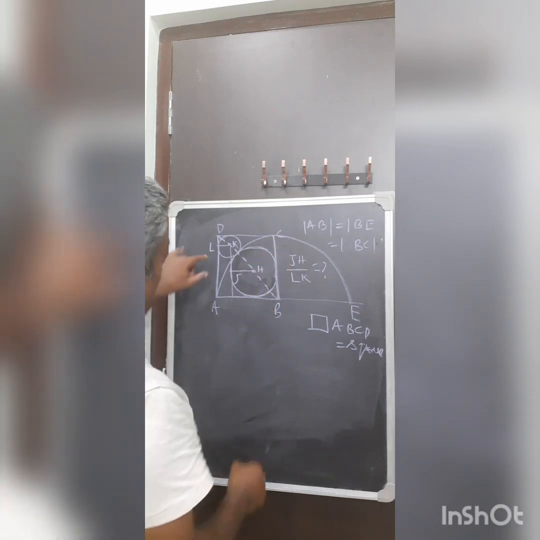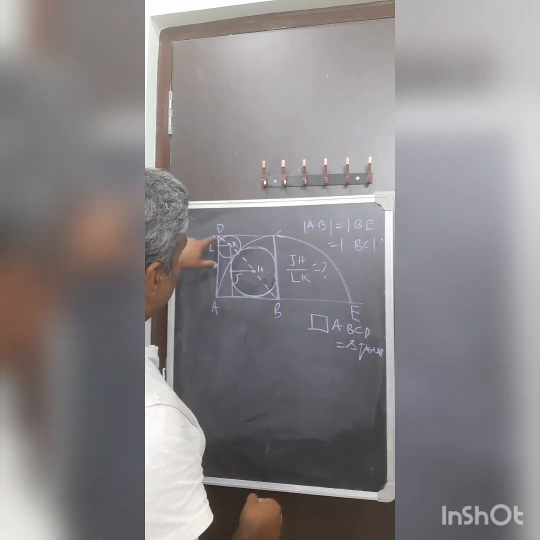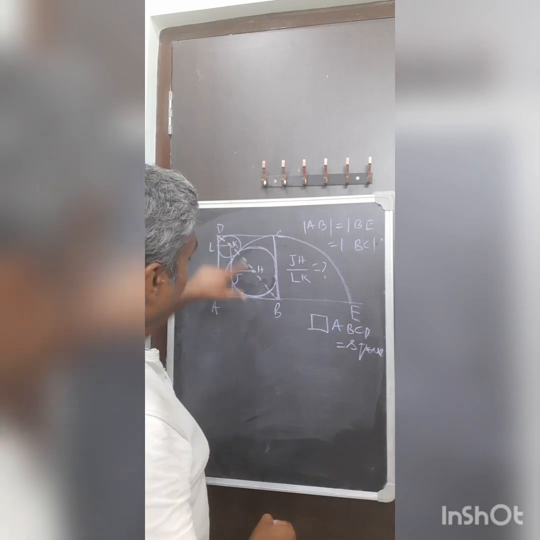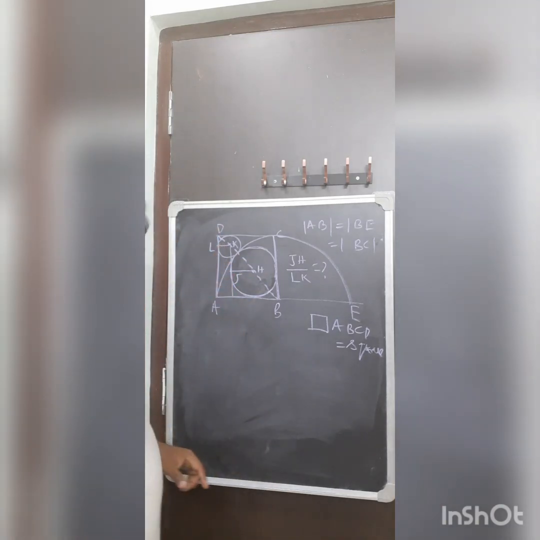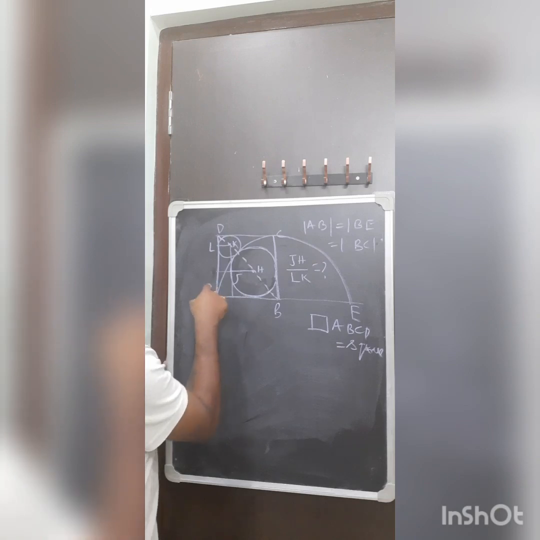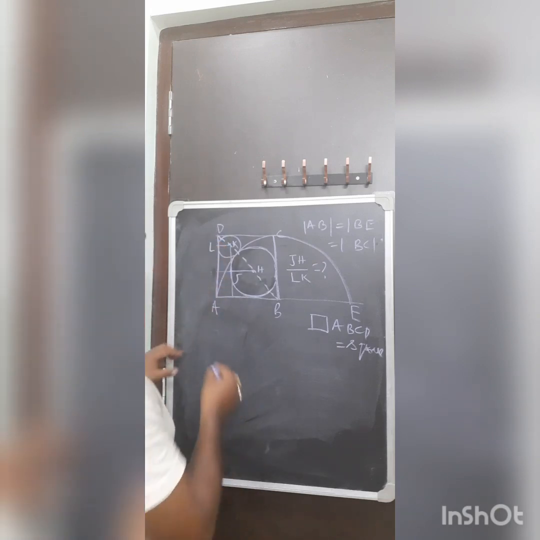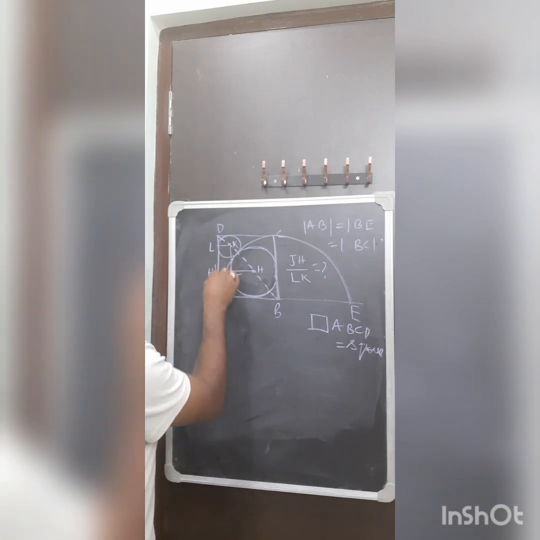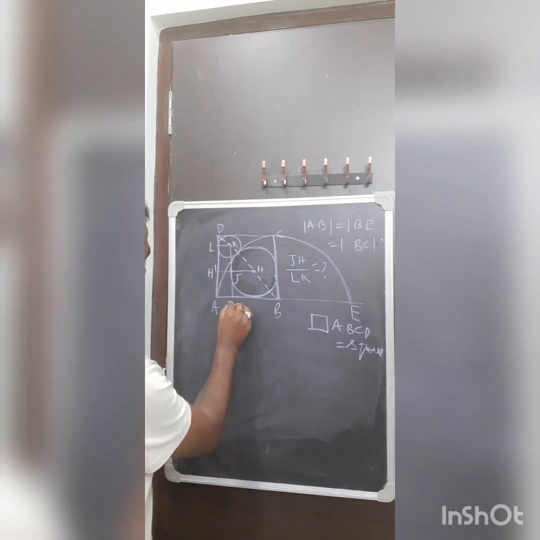Okay, now I am again extending this JH up to this side of the square, and I am naming it H dash, let's say, and this point I am naming K dash.